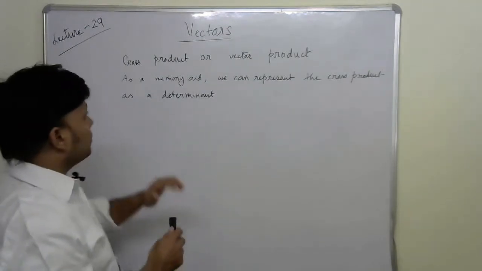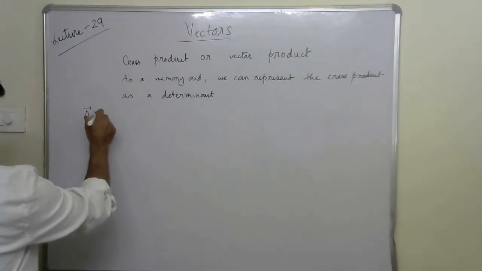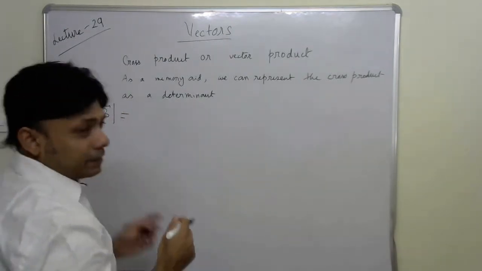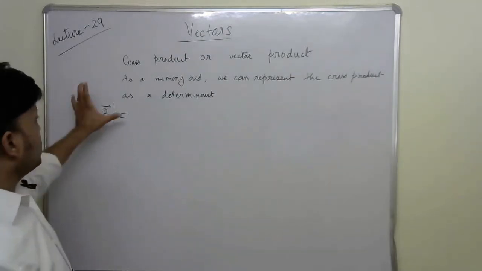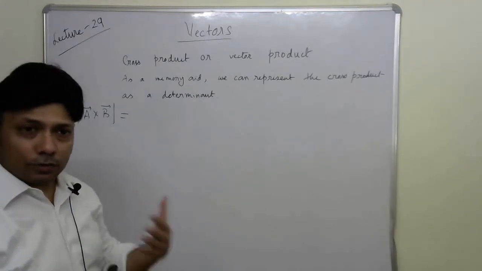Now, to perform the cross product for a set of vectors like A and B, as a memory aid we can represent the cross product in the form of a determinant.